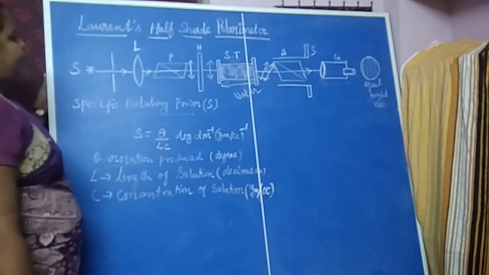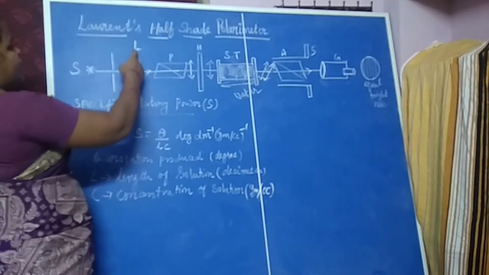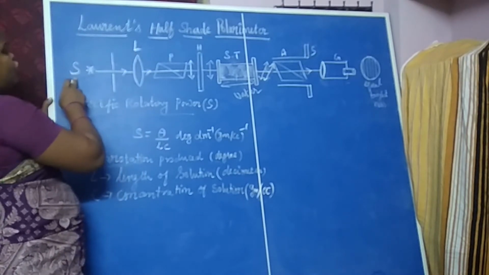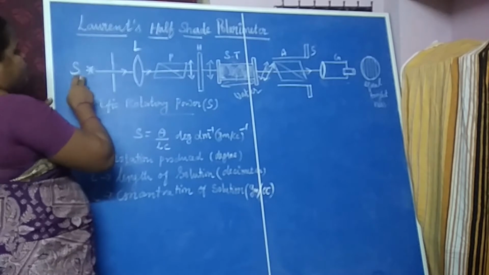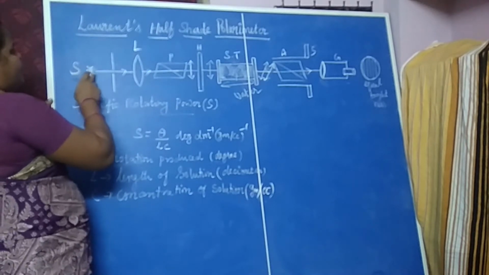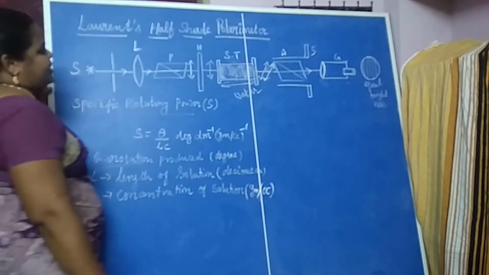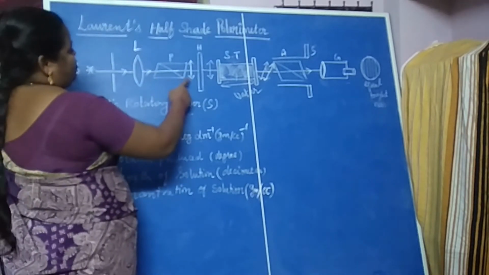It consists of a converging lens L, and we are using a monochromatic source S, which will give a single wavelength. Then we are using a polarizer P, which will produce the polarized light.